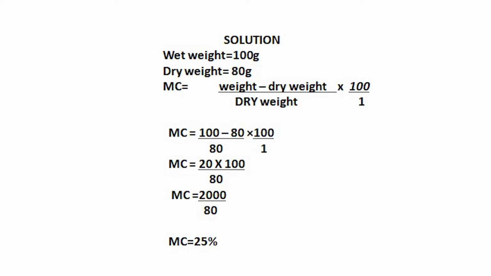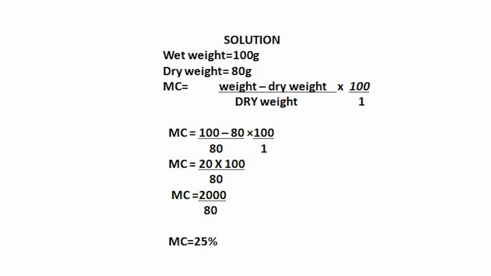The next step is to state your formula. And what is our formula? Wet weight minus dry weight all over dry weight, all multiplied by 100. Now, let's fix in our parameters. Our moisture content is 100 minus 80 all over 80 multiplied by 100.